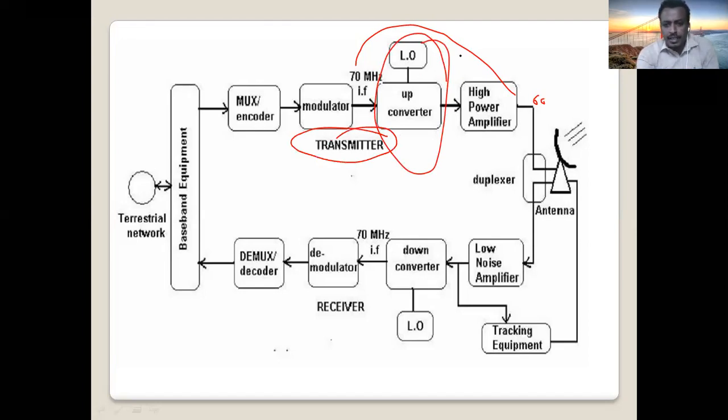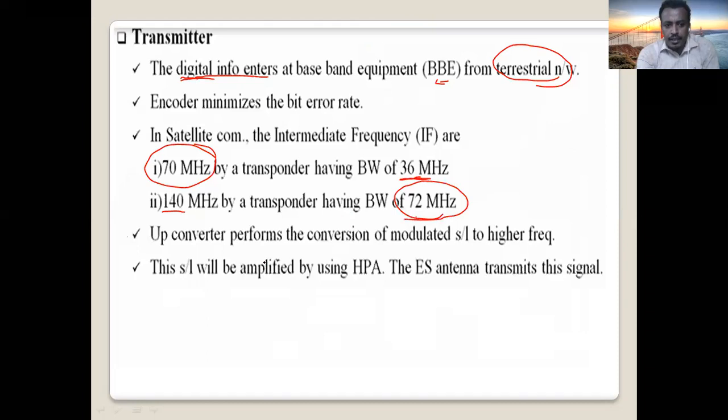Next, the next device in the transmitter subsystem is the up converter, for conversion of the modulated signal to what? To a higher frequency, as we have discussed. Finally, this modulated high frequency signal.